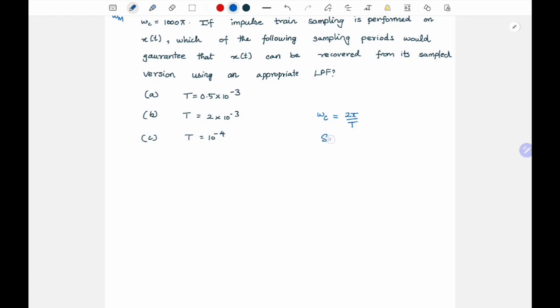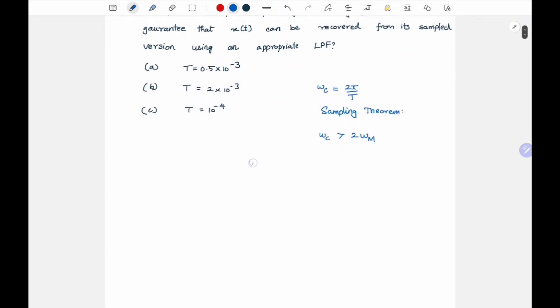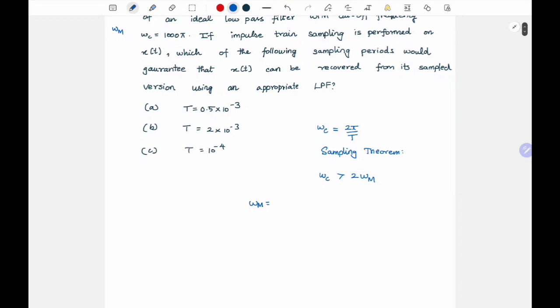And from the sampling theorem, we know that our sampling frequency should be at least 2 times the bandwidth of the signal, right? So here omega m is nothing but 1000 pi.